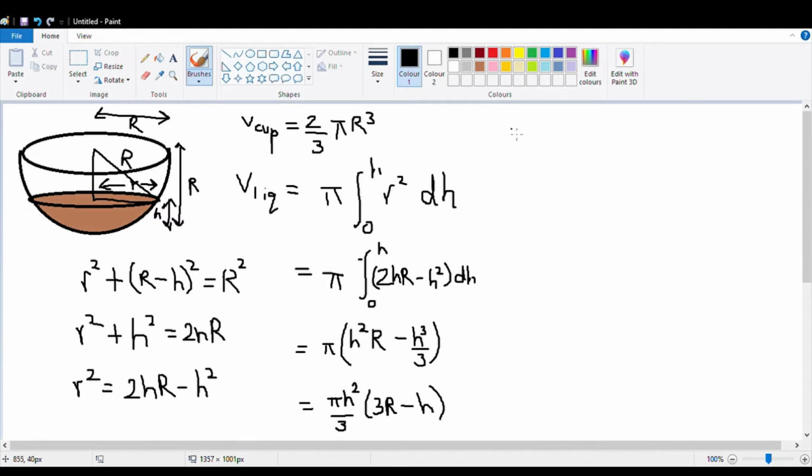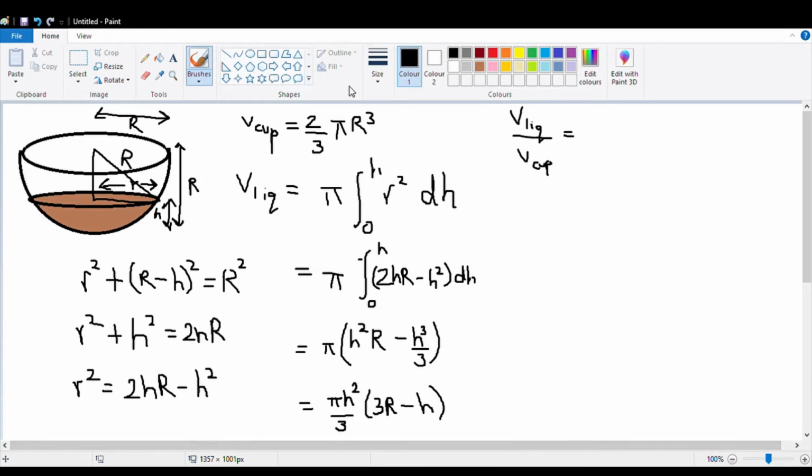So we can just take the ratio now. So wait, yeah, pi by 3 gets ignored. So V liquid by V cup is equal to, what is it equal to? I don't know.